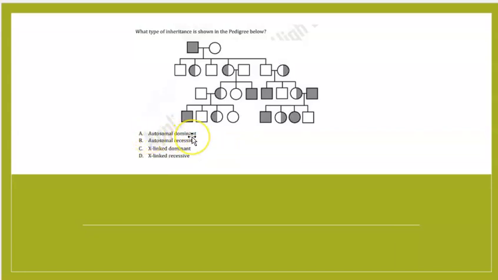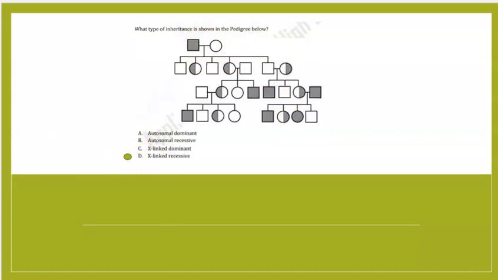Why? Because autosomal means both male and female will be equally affected, which is not the case here. So skipping of generation means recessive, and males more affected than females means X-linked. So the answer for this question will be the pattern of inheritance is X-linked recessive.